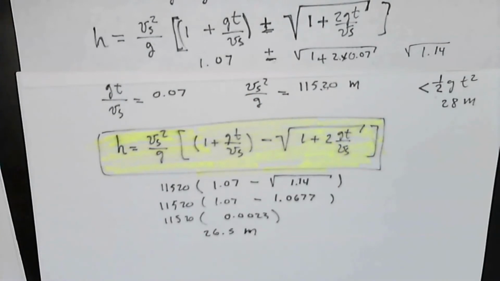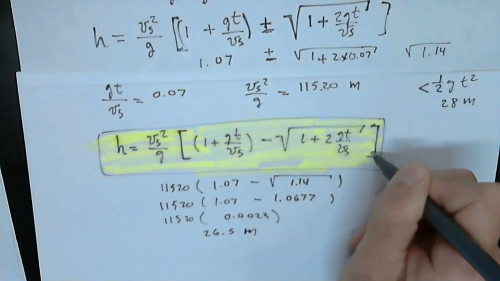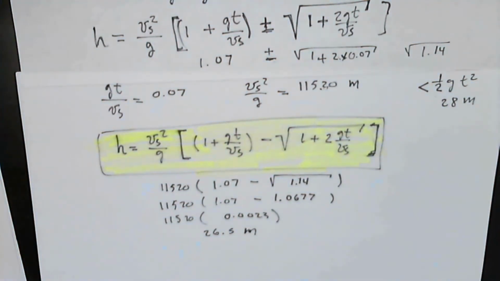So again, what is in the brackets is a small number. And when you multiply by this big number, you get the 26 point something, which is less than 28. And this is how you do it without using the numerical features that your calculator has.